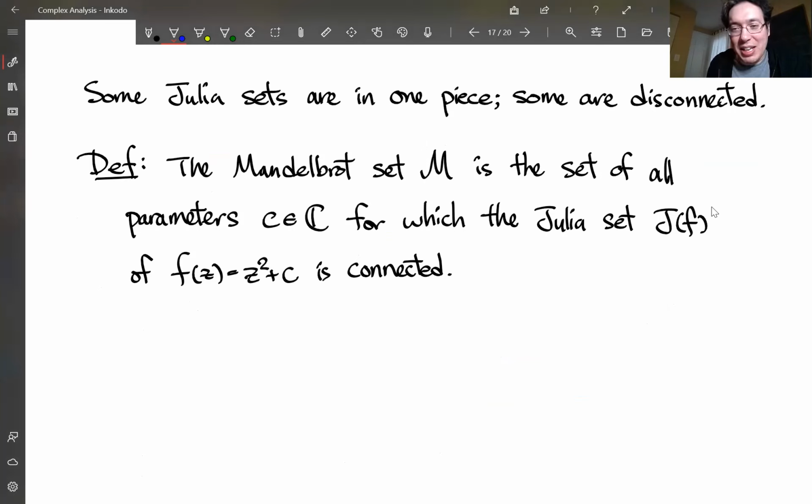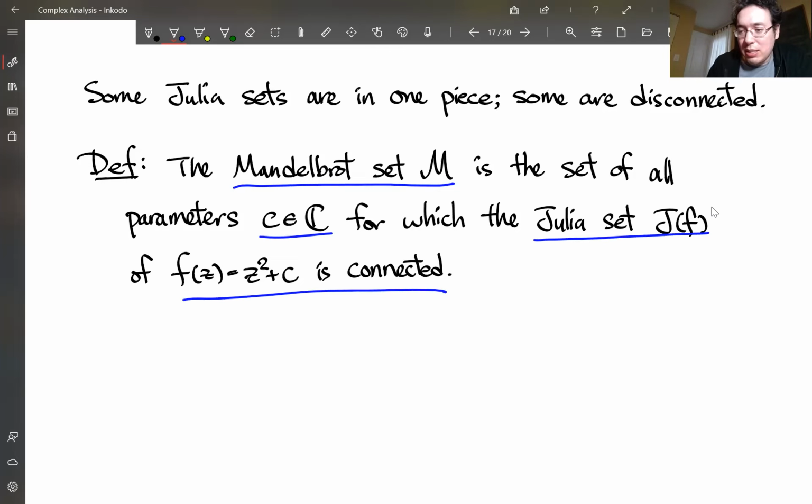And I didn't mention it, but there was a picture on the left that I was clicking on that I didn't describe. What's on the left here is what's called the Mandelbrot set. This is the set of all parameters, complex numbers, for which the Julia set is connected.